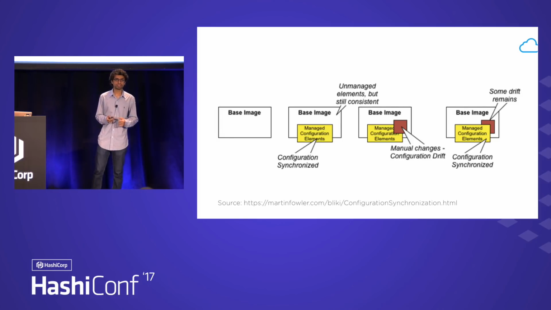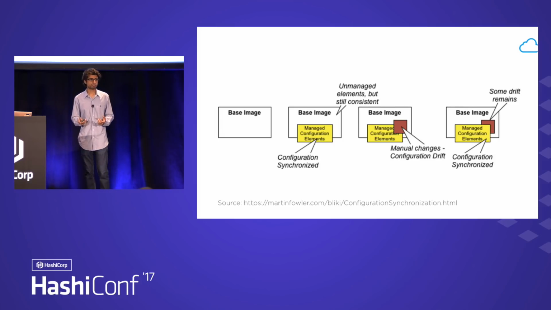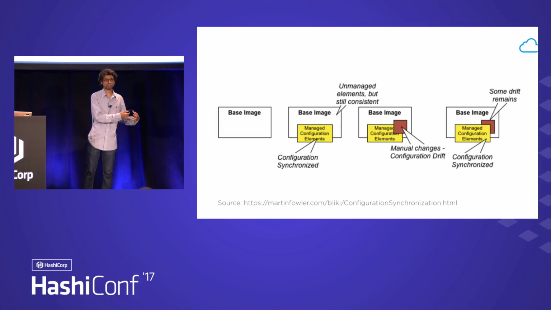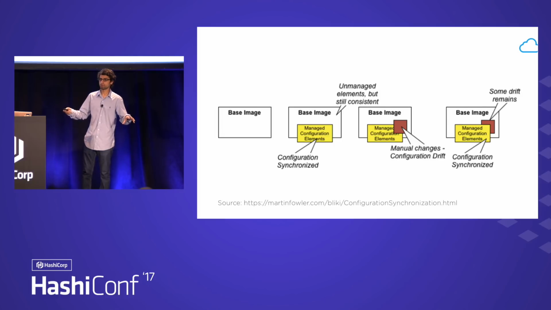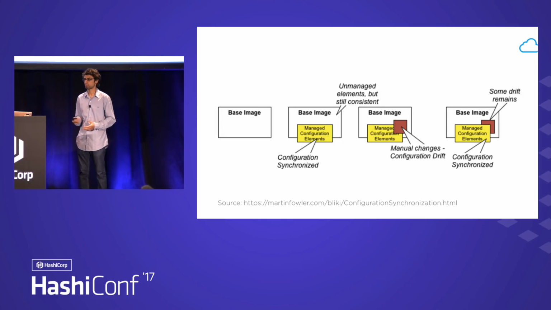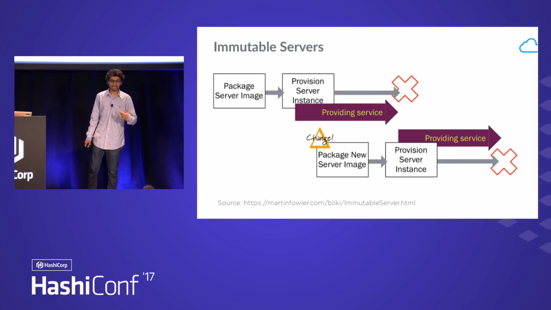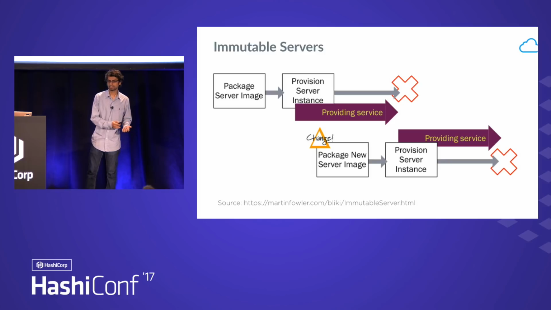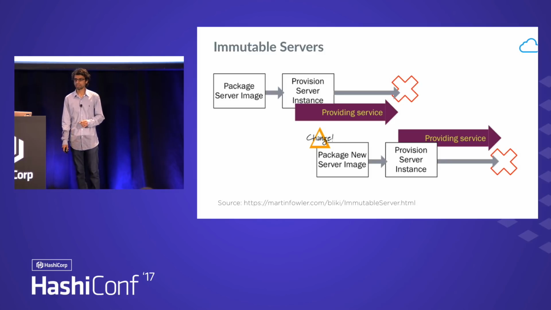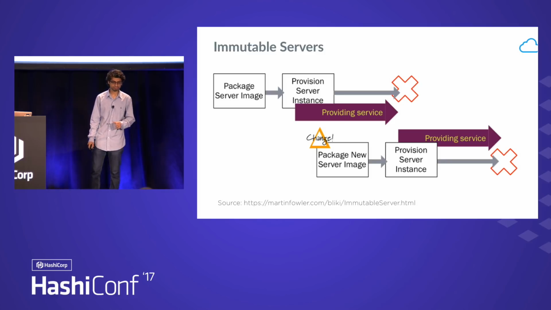Another particular problem is if you need to change the role of the machine, it's very difficult to do so, because once you apply one role to the machine, it leaves a whole bunch of configuration bits on the machine. To change to a different role, you have to do a whole bunch of deprovisioning work, which is very painful. So the natural consequence of this is to not use that model and instead use what is termed the immutable servers model.